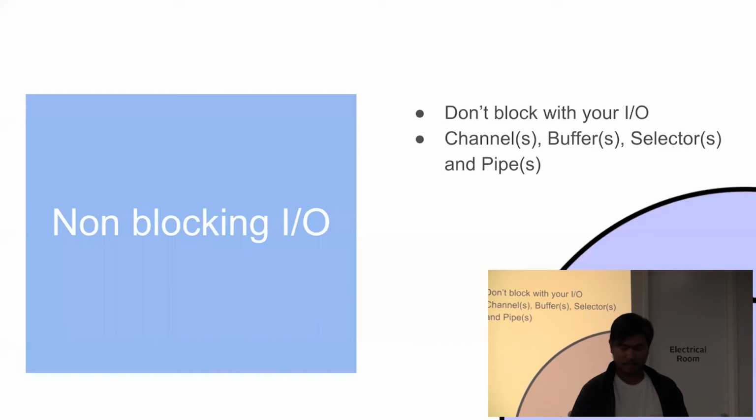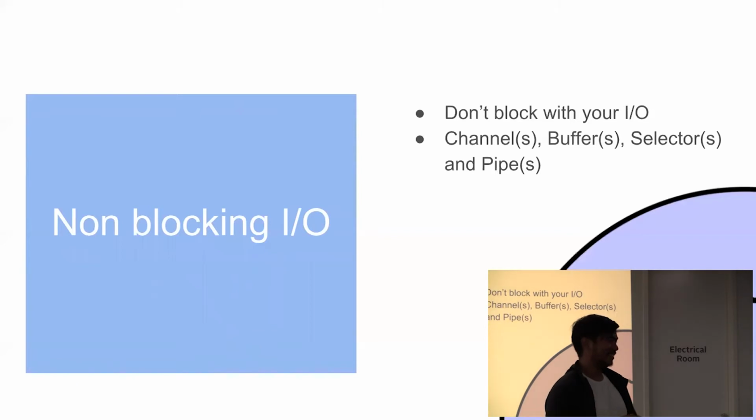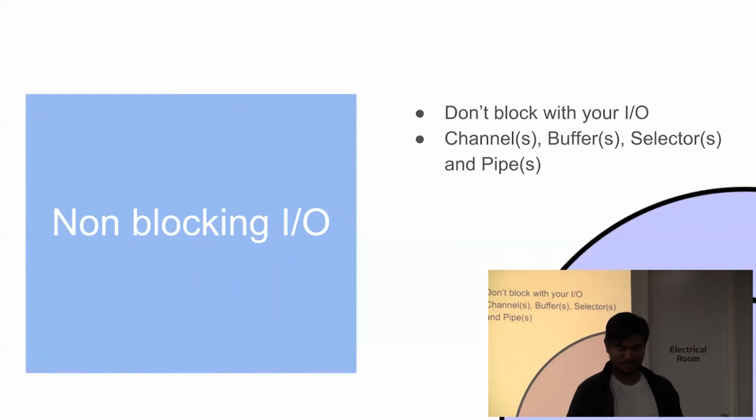I really want to talk about non-blocking I/O. In Java, there's a package called New I/O, which isn't apparently new, it's like 12 years old, or maybe even more. The thing with I/O is that it's tricky, because you're establishing a connection and expecting some input and some output. You can't just close it off.